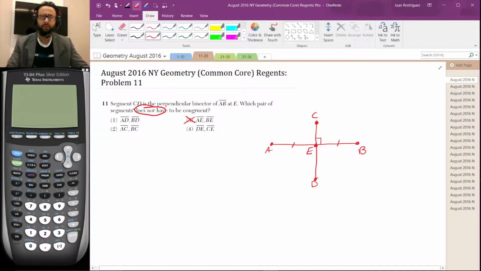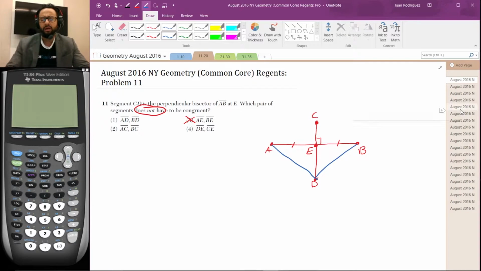So let's look for the other ones. AD, BD. Okay, so let's draw AD and BD. Now why would these have to be or have to not be congruent?